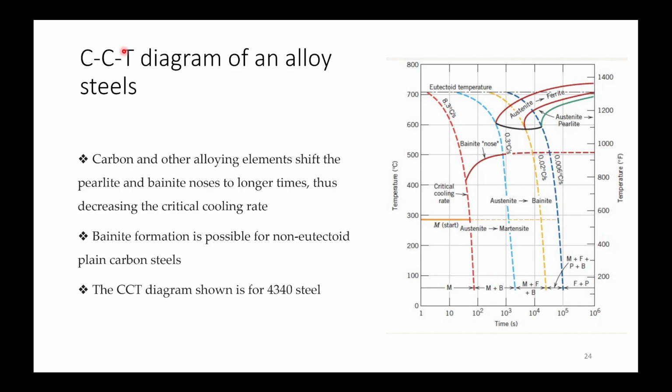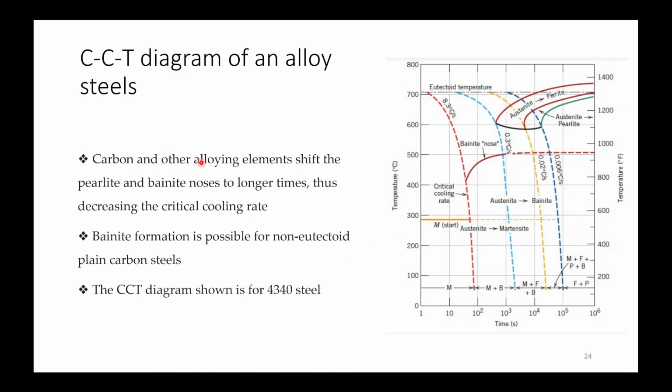Now the CCT diagram for an alloy steel. In the case of alloy steel, you are adding some alloying elements which will help in the formation of bainite as well. So here a bainitic line will also be there, and your martensite formation will be easier compared to plain carbon steel.